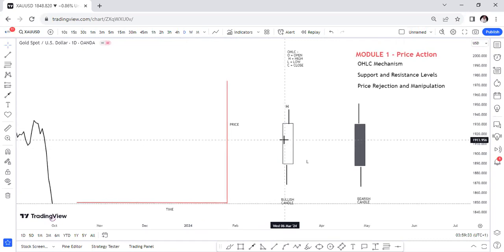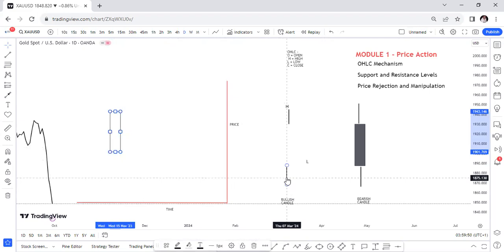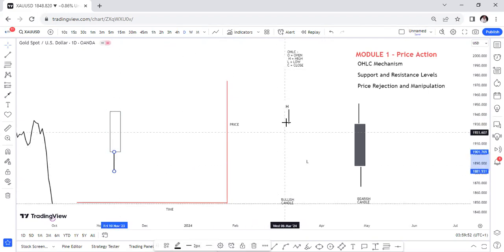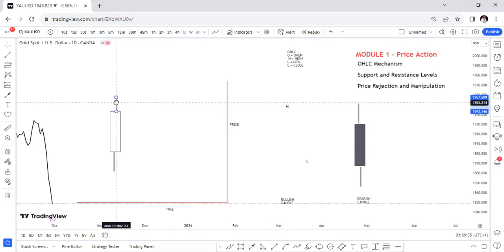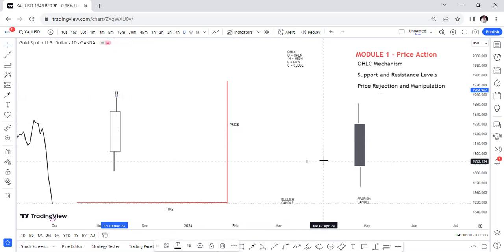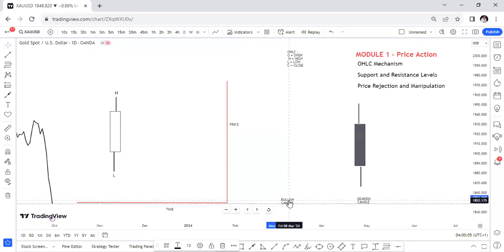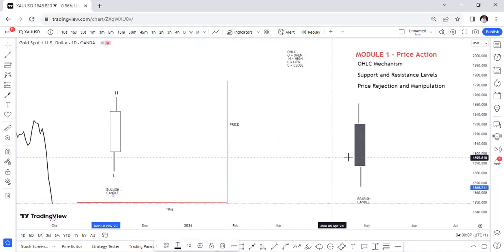Let me even put it inside the chart. The high, the low, bullish market.